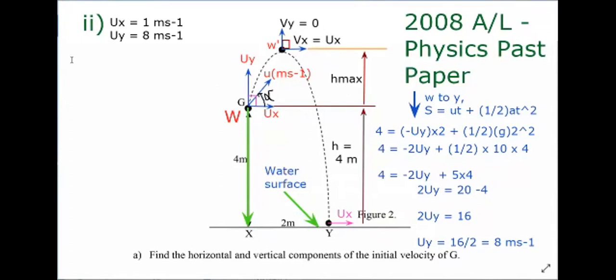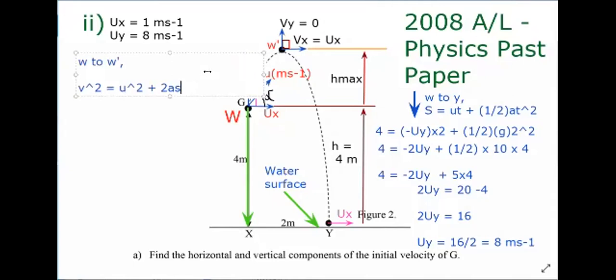Look at the board. W to W dash, right? Vertically upward. Let me use the equation V square equals U square plus 2AS, right?